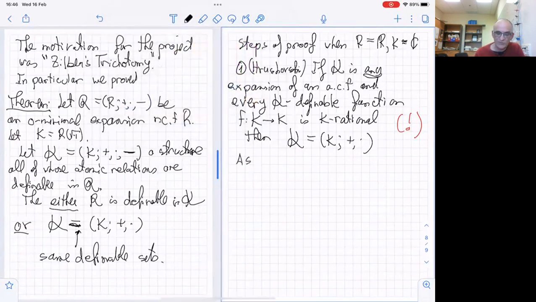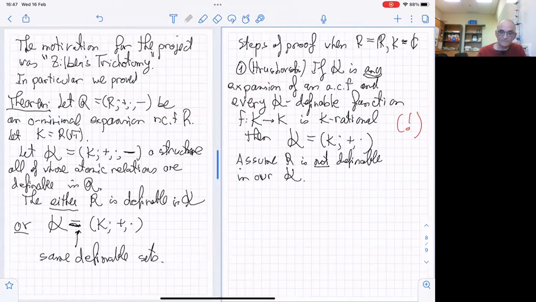I should have put it maybe earlier. Assume R is not definable in our case, in our K, I mean the K that we had before coming from the o-minimal structure. So now we just want to show that every function of one variable from K to K is constructible, or is rational. It's the same thing.